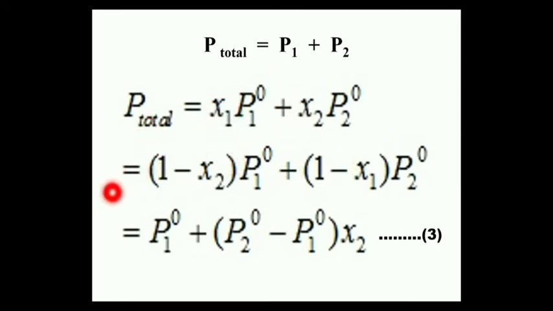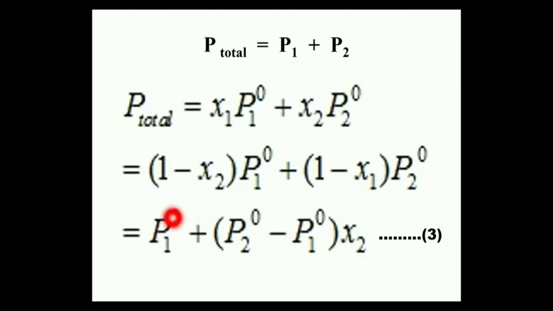P total is equal to 1 minus x2 times P1 naught plus x2 times P2 naught. So P1 naught plus P2 naught minus P1 naught into x2, where we have taken x2 as common. So the equation here becomes P total is equal to P1 naught plus (P2 naught minus P1 naught) into x2, which is considered as equation 3.